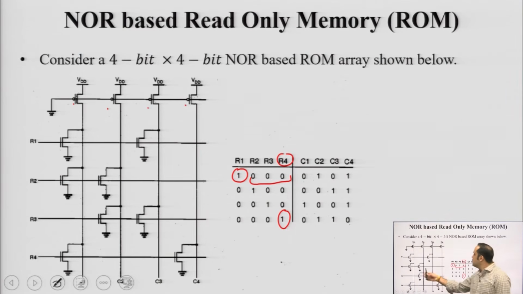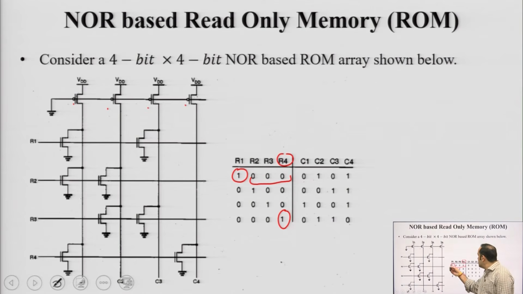Okay. So, if you move say from R1, if you see a particular device, if you find an active NMOS there, that is going to provide you a path towards the ground. So, the presence of an active device is actually going to help you in writing a 0. The absence of an active device is going to help you to write a 1.